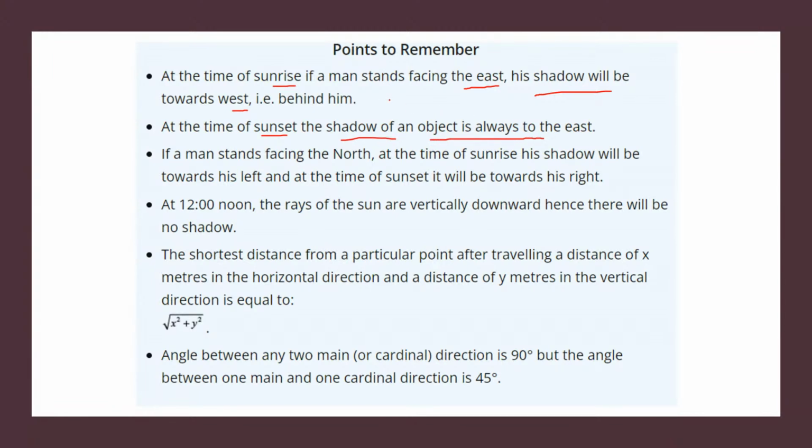Earlier we were talking about a man, that means a person, and here we are talking about an object. So at the time of sunset, the shadow of an object is always towards east. If a man is facing north at the time of sunrise, his shadow will be towards the left. If the person is standing towards north direction, the shadow will be towards the left, that means the west side.